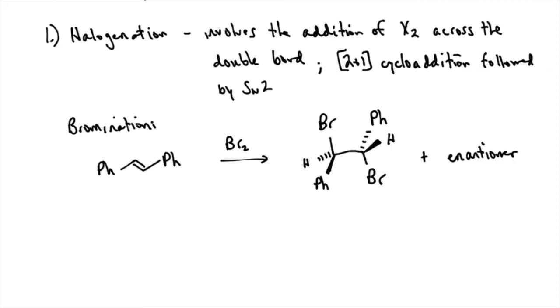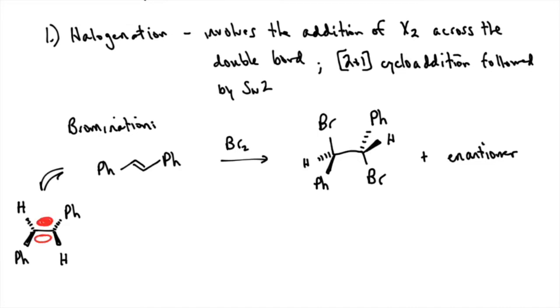Let's talk about what's happening in this reaction. If we rotate the alkene so that it looks like this, we can orient the bromine so that it's going to react with this pi system.